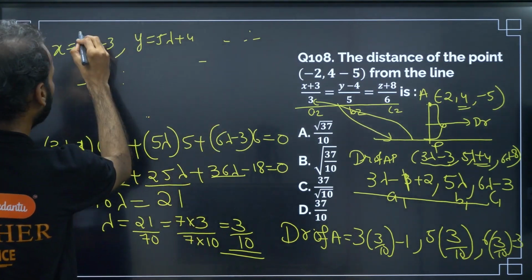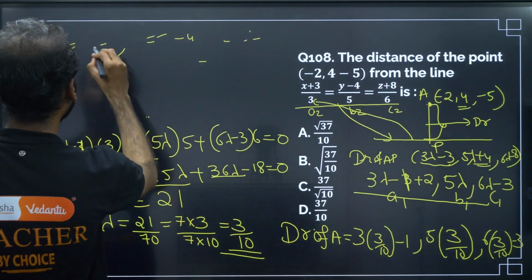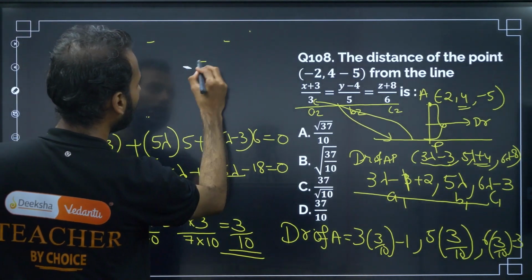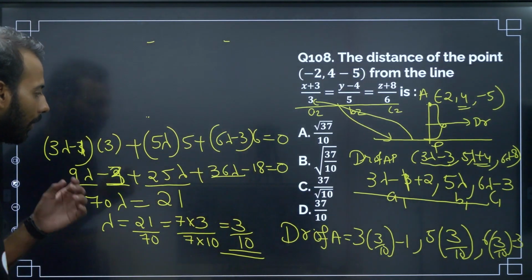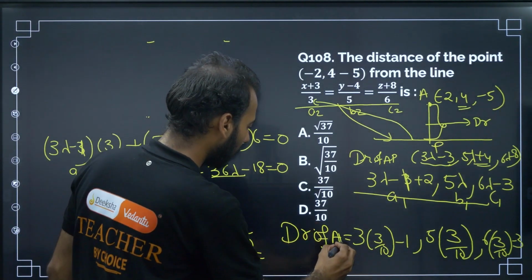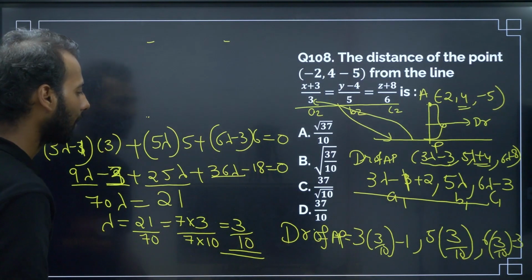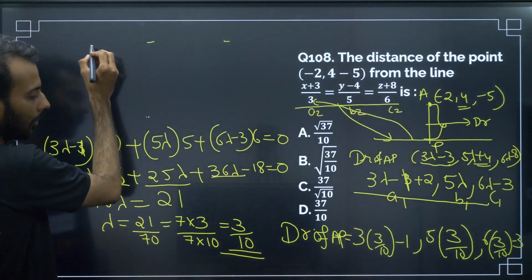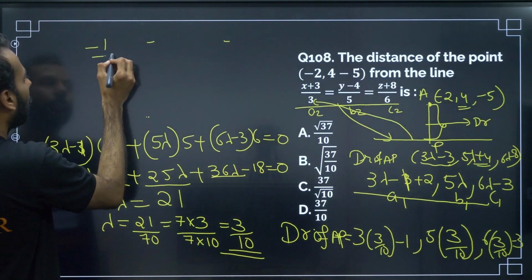So we reached the direction ratio of AP. The direction ratio of AP is this, we have to simplify. 3 times 3 is 9 by 10 minus 3, which is minus 21 by 10.